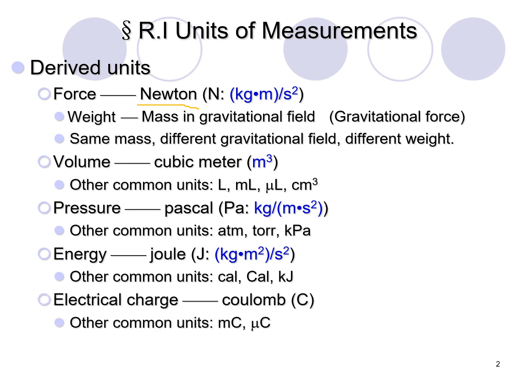The last one I'd like to introduce here is electrical charge. The base unit is coulomb. Coulomb is too big for the laboratory. And more common units we use in our lab are probably millicoulomb or even smaller, microcoulomb.